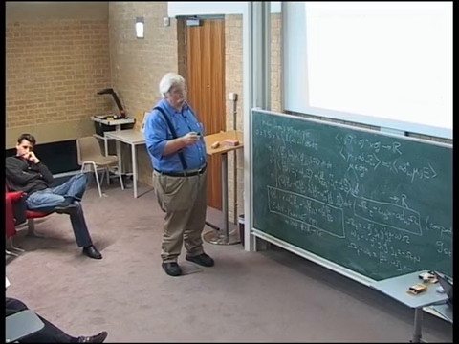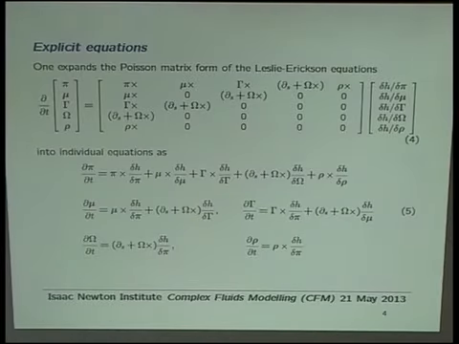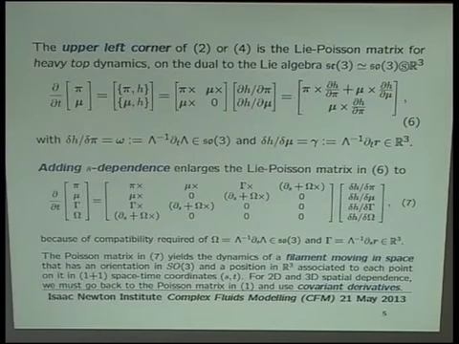Okay, so I want to parse this out. I'm going to just tell you that this much here is the rigid body in the upper left corner. The top two in the upper left corner, that's SE3, that's the heavy top. Okay, and then when you add spatial dependence, then you get all these other terms. So let me say that in words. If you look at the Poisson bracket for the heavy top and you write it in this form, there are the heavy top equations.